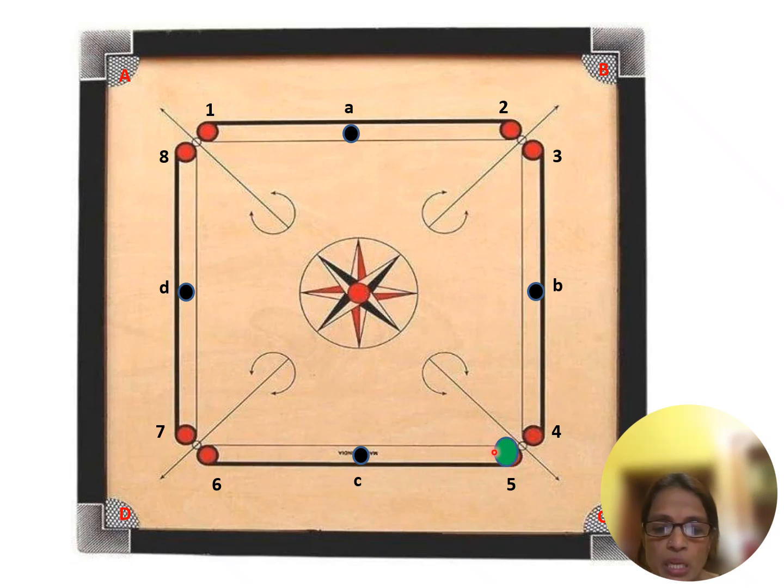But you can keep the striker at any position like 1, 2, 3, 4, 5, 6, 7 and 8. Now what I'll be doing is, I'll give you a question and you have to identify the right answer. The options will be either small letter A, B, C or D.